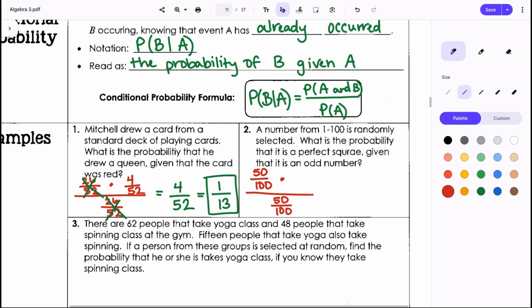How many total are there? If you don't know off the top of your head, that's why you have this sheet, and on the back side is all the numbers.